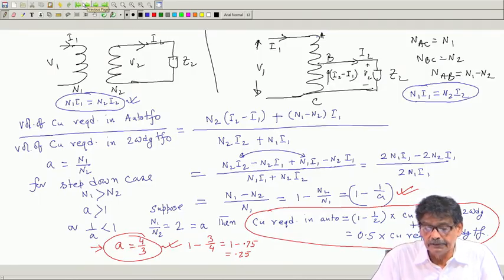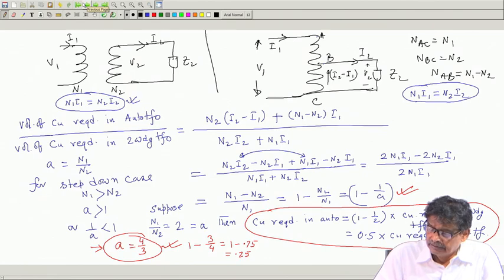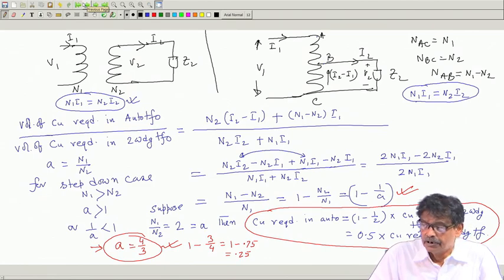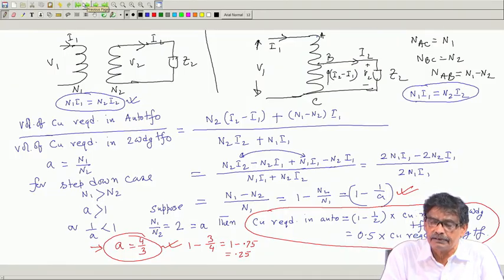Two options are there. It looks like either of them can be done, but I told you that if you use an auto transformer, then copper required will be less compared to the copper required in a two winding transformer, always less.